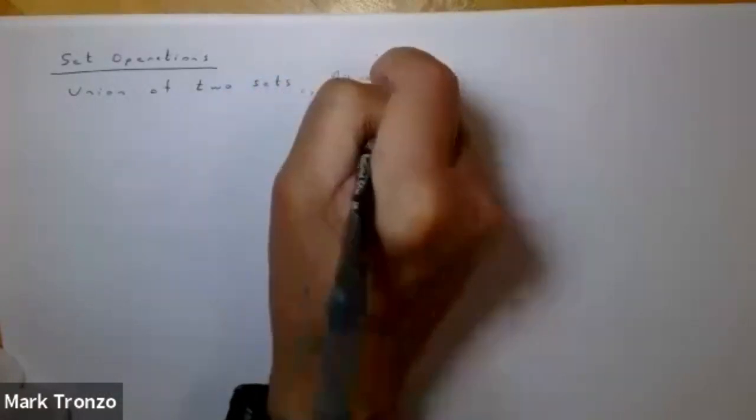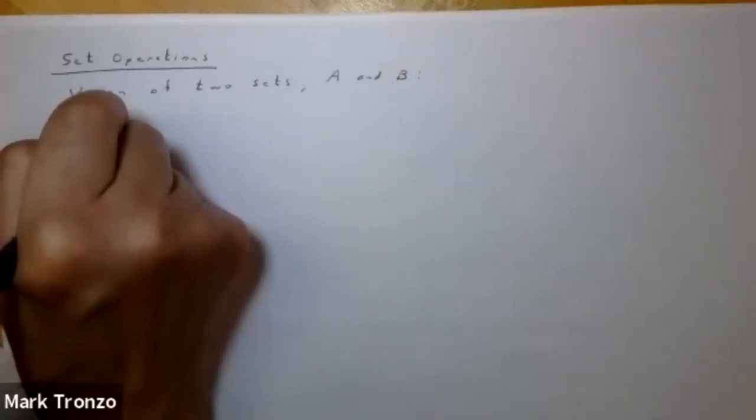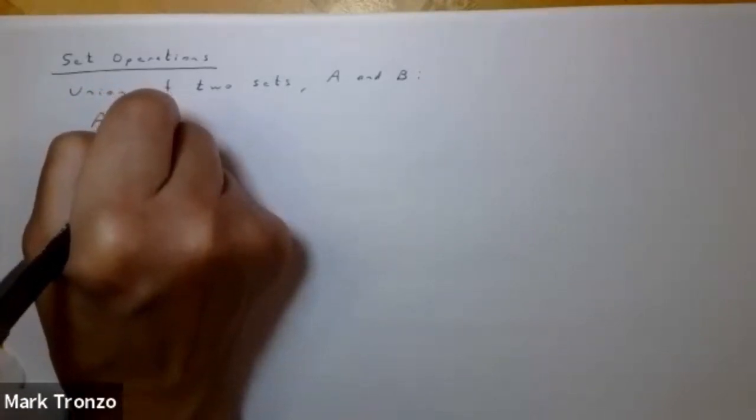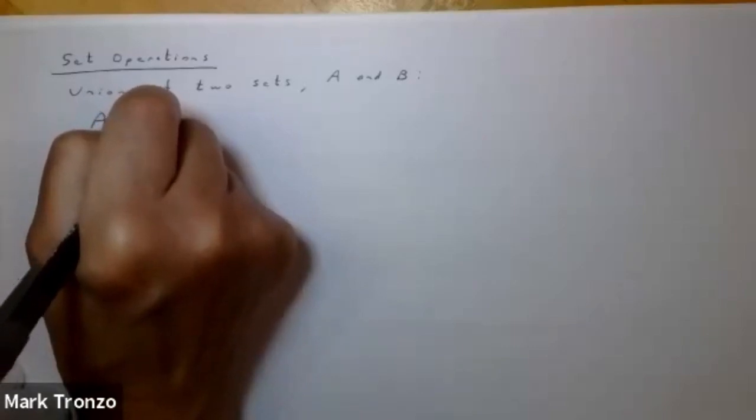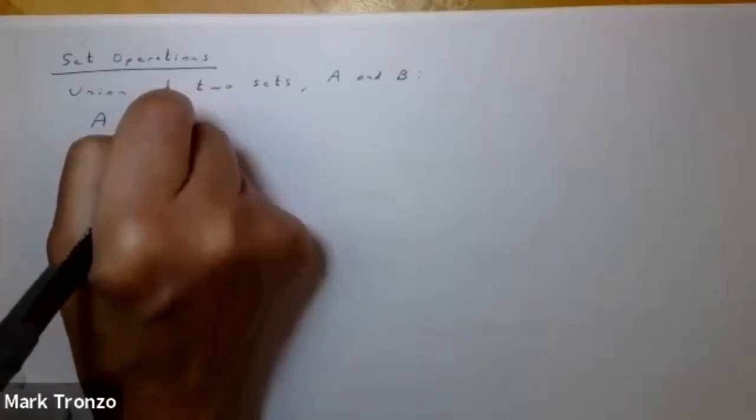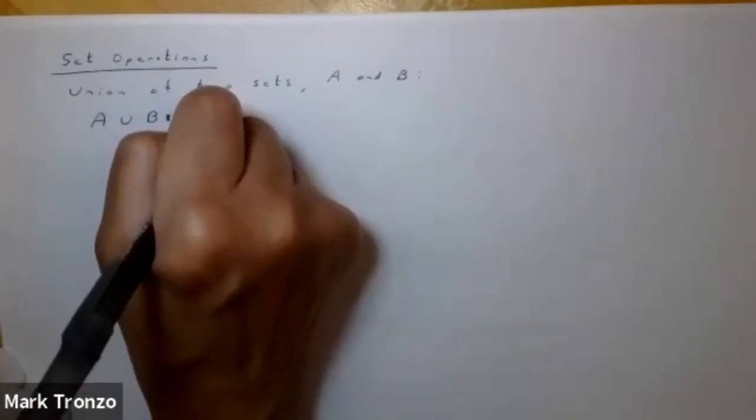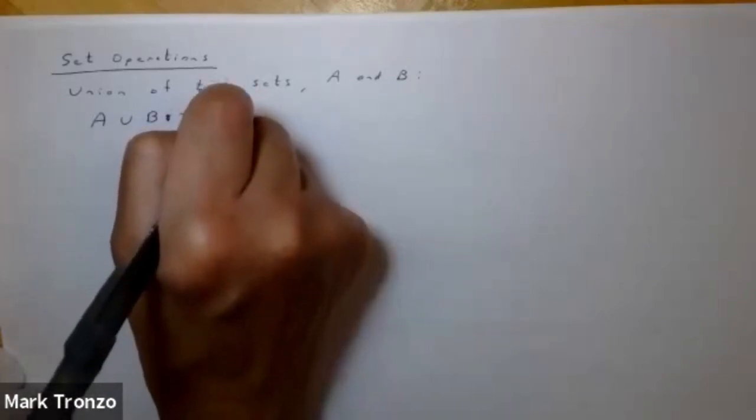So the union of two sets, say A and B, is written this way, A with sort of a big U in between them, B. And again, once you're using this set builder notation, it's going to be x such that, once again, you use double dots here, or you can use a vertical line.